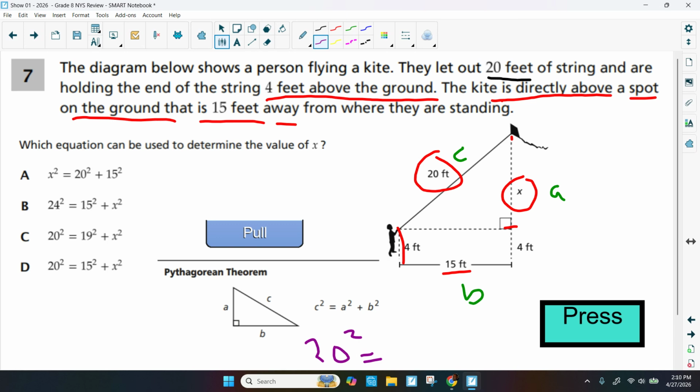So let me put my x squared there, and my little plus sign. And now b, we're going to replace with 15 feet, and a little 2 up there. So that would be the equation.